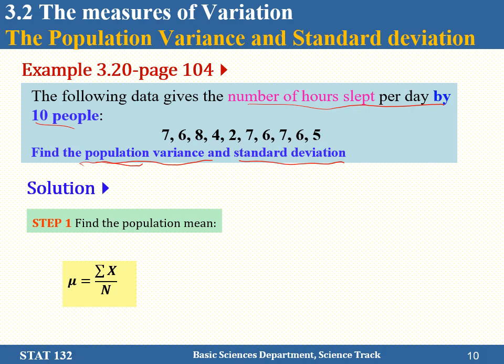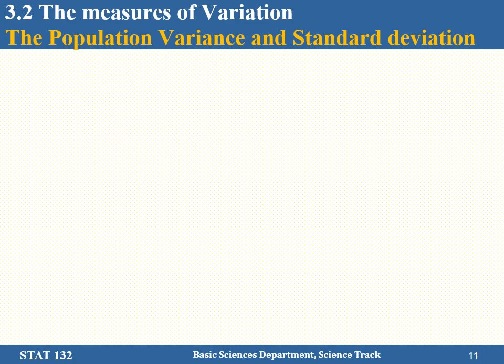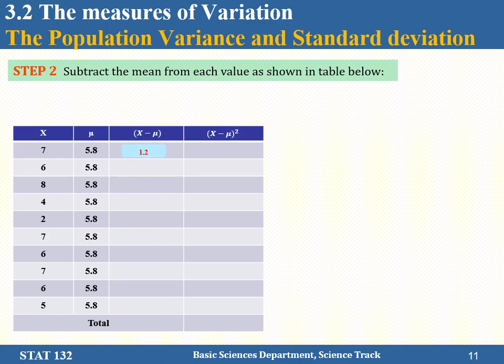So here is how to find the average or the mean. You add all of them and divide by the number of values, which is 10, so it will be 5.8. After this, it's better to make a table. You put all the x values, the data values, and then mu, which is the same for all of them.